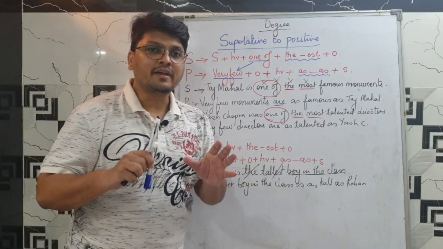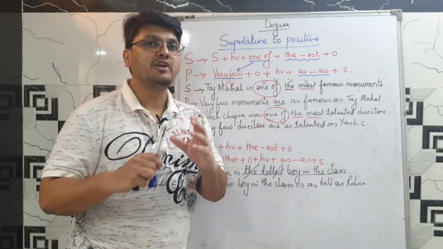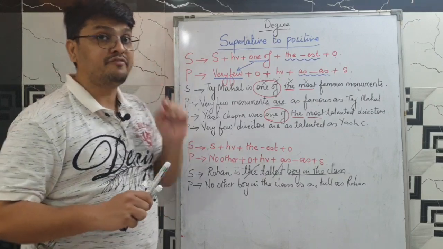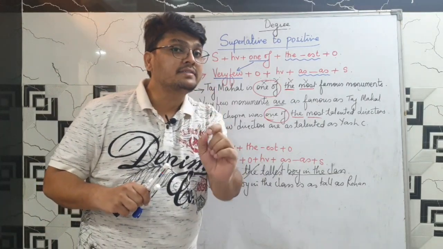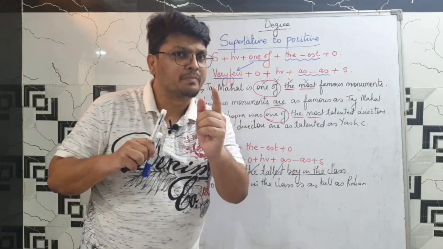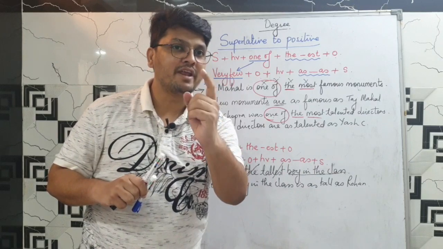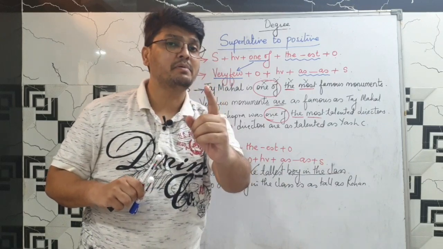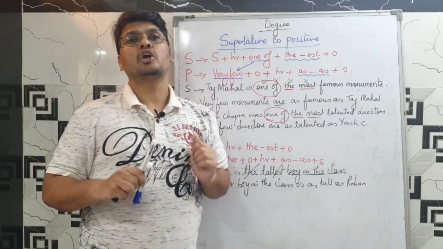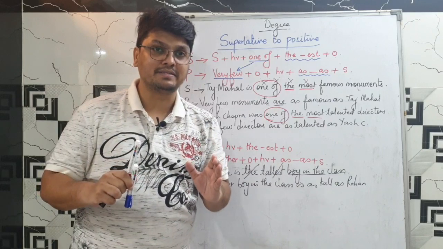So don't get confused, students, about when to use very few and when to use no other. This one-of type of superlative degree is asked in your board examination. So whenever you see one of in superlative degree, start positive degree with very few. And if you do not see one of in superlative degree, start positive degree with no other. So students, here we have completed degree of comparison.